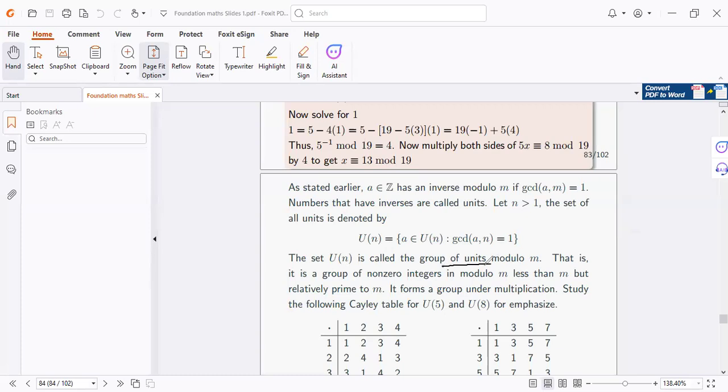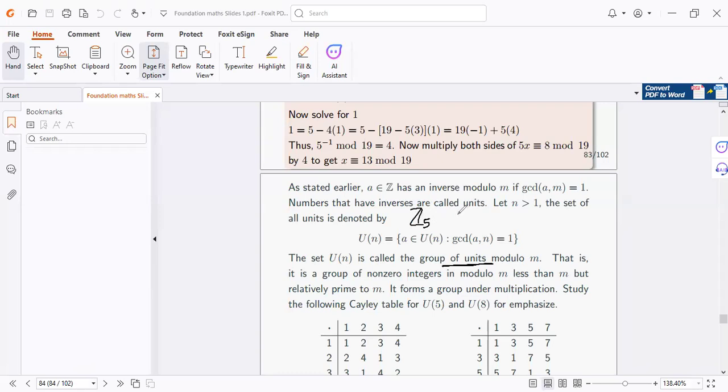What do I mean by units of this group? Let me just use the group I've used above, which was Z5. So the units of this group are elements.